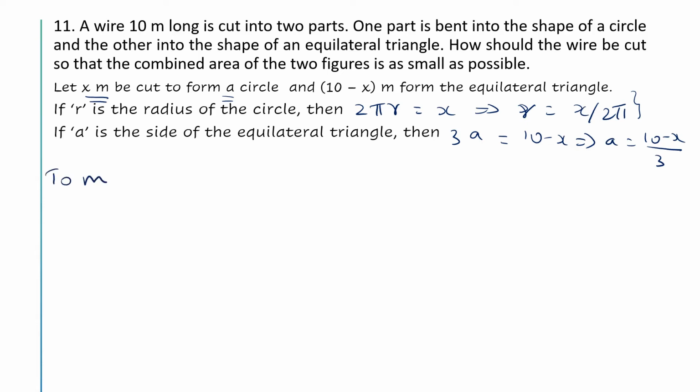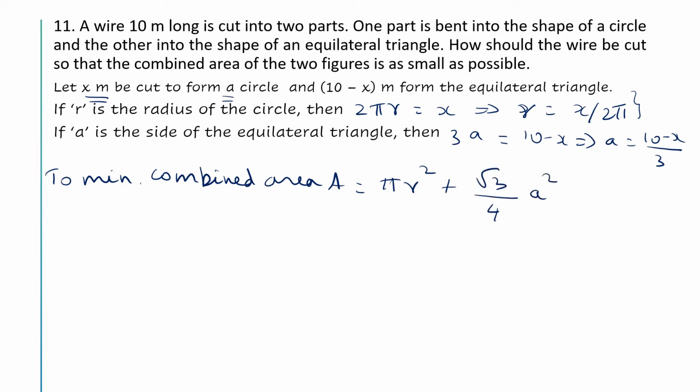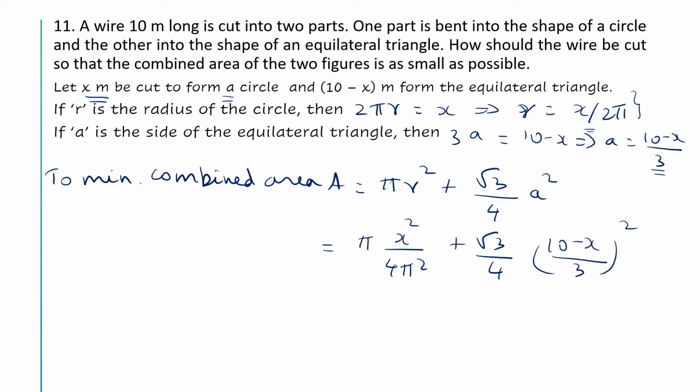Now we have to find the area so that it is as small as possible, the combined area. So to minimize combined area, A equal to, so the area of the circle is pi r square and the area of the equilateral triangle is root 3 by 4 A square. So this is equal to pi into r square, r is x by 2 pi, so it is x square by 4 pi square plus root 3 by 4 into 10 minus x by 3 the whole square, because A is 10 minus x by 3.